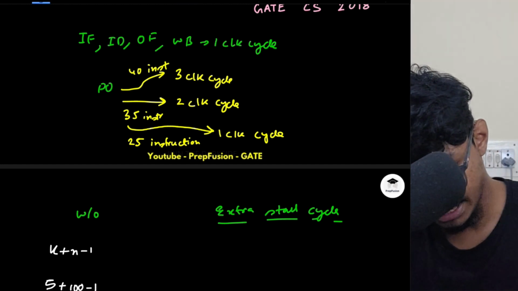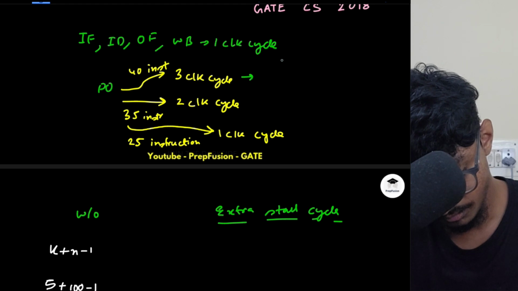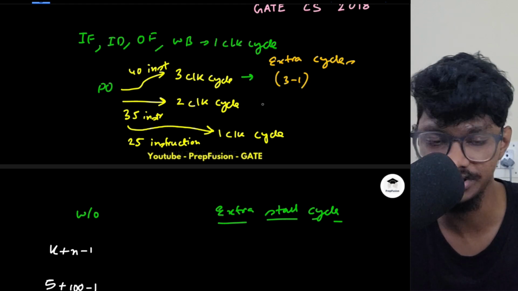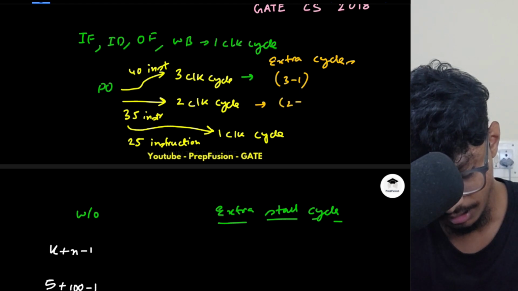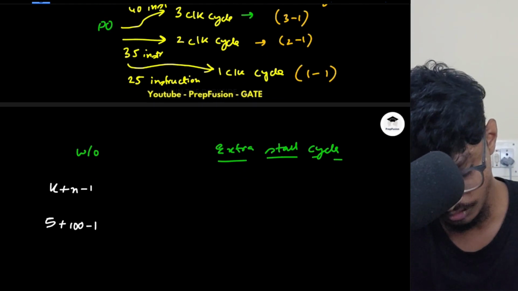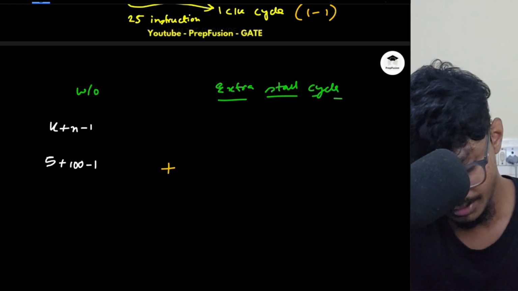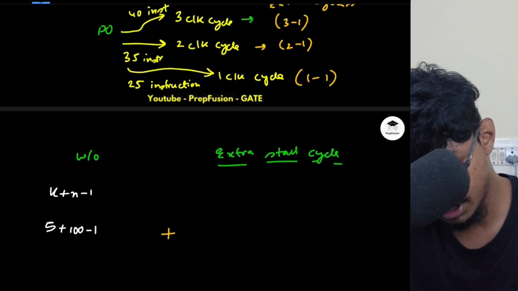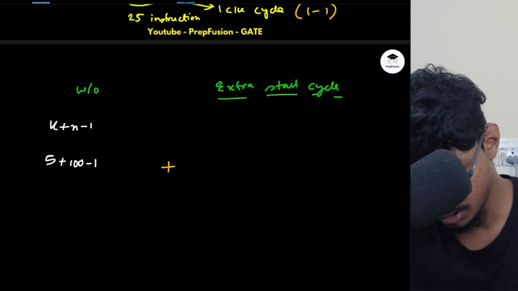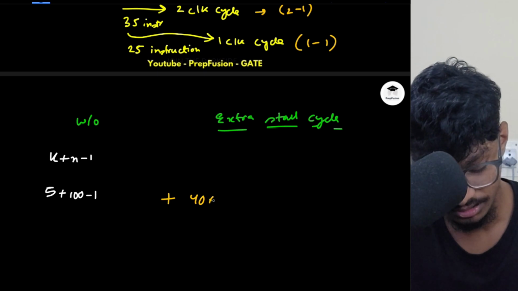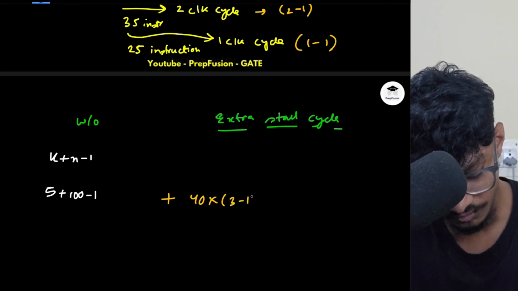So how many extra cycles does it have? This will be 3 minus 1 extra cycles. Anyway, 1 cycle we are anyway allowed for everything. This will be 2 minus 1, and this will be 1 minus 1, that is 0 extra cycles. So how many total extra cycles? For 40 of these instructions, each takes 3 minus 1 extra cycles.